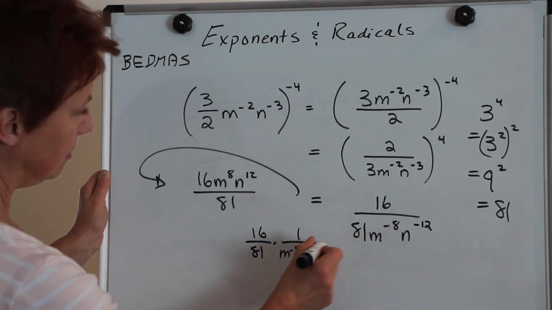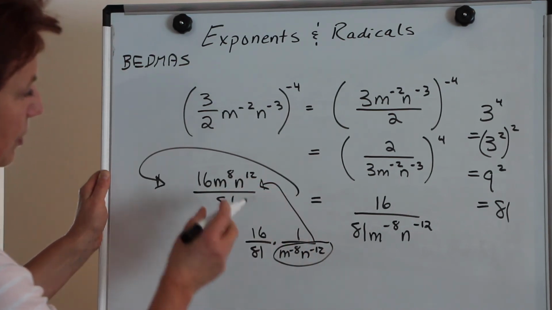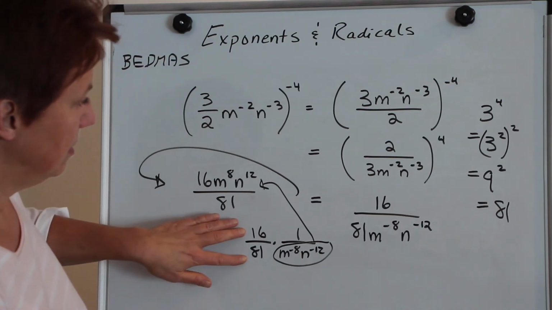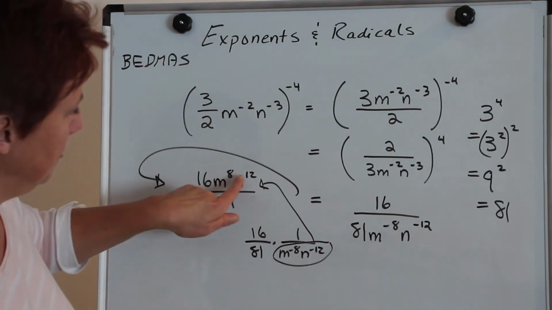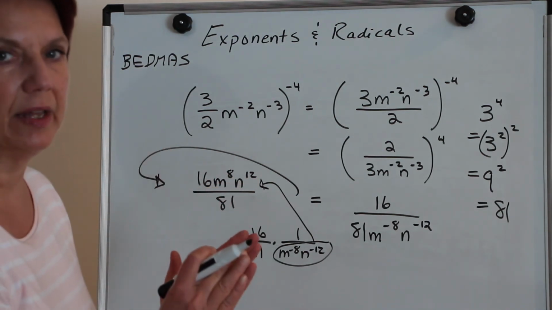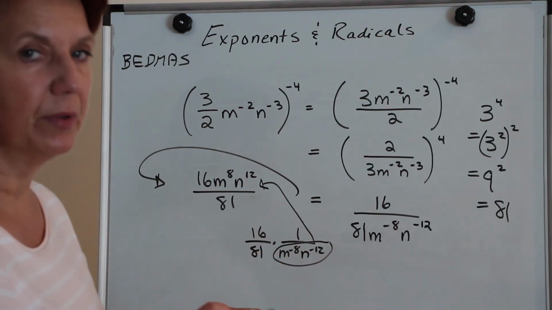And then these just got moved into the numerator and multiplied by the 16. It's just a different way of writing it, okay? So this is what this is, and then those two just got moved to the top to give our positive exponents, and then we just snuck it all back together again. Okay, but that intermediate step, you absolutely do not have to write it, okay?